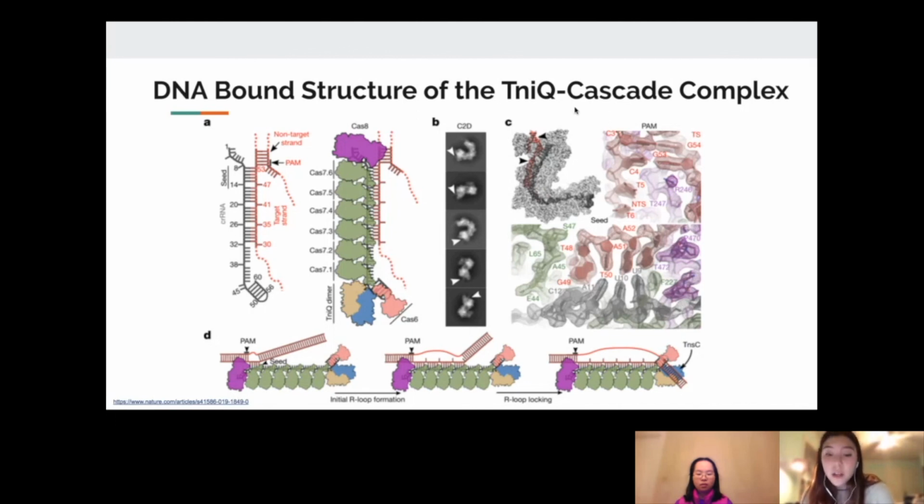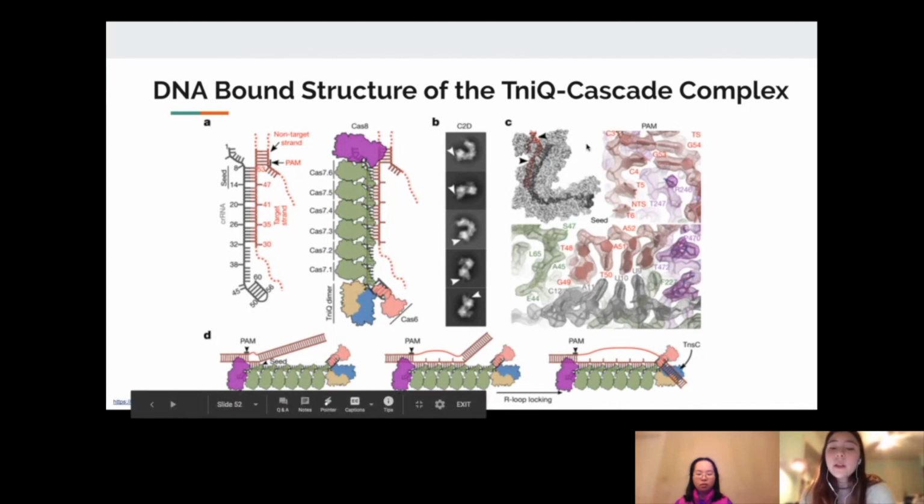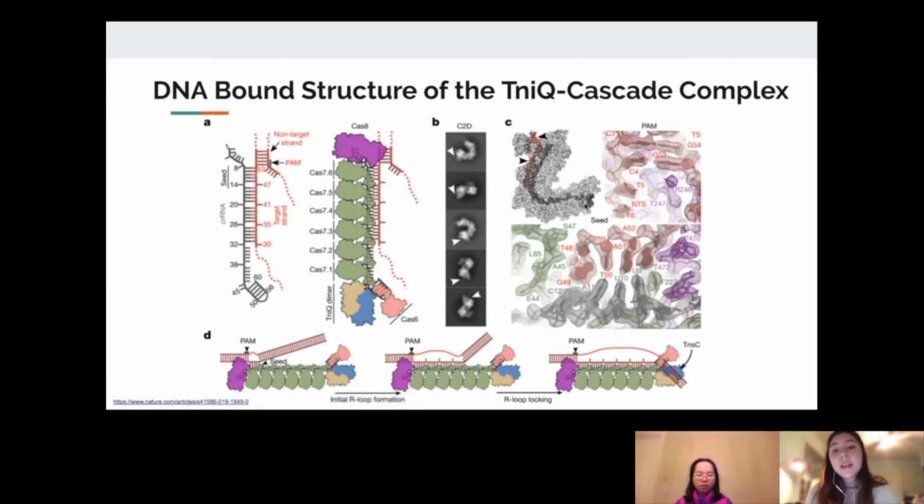For a closer look, these were developed into models that have, in the light gray, the cascade complex itself. In the dark gray, we can see the CRRNA or the guide RNA. And then in the red, we can see the DNA that's bound to it. Cas8, as we can see, docks the PAM, and the CRRNA is unwound where base pairing and CRRNA begins.